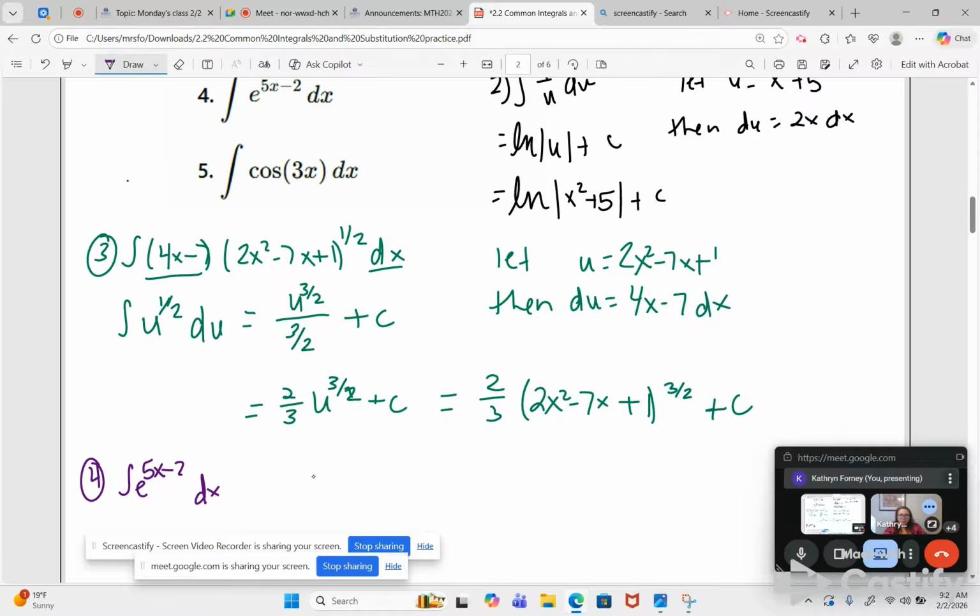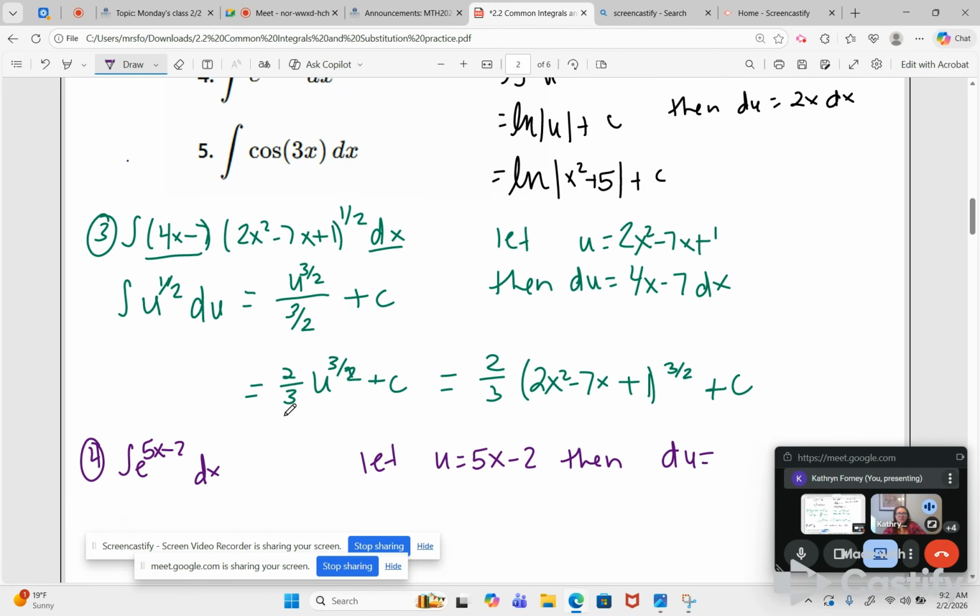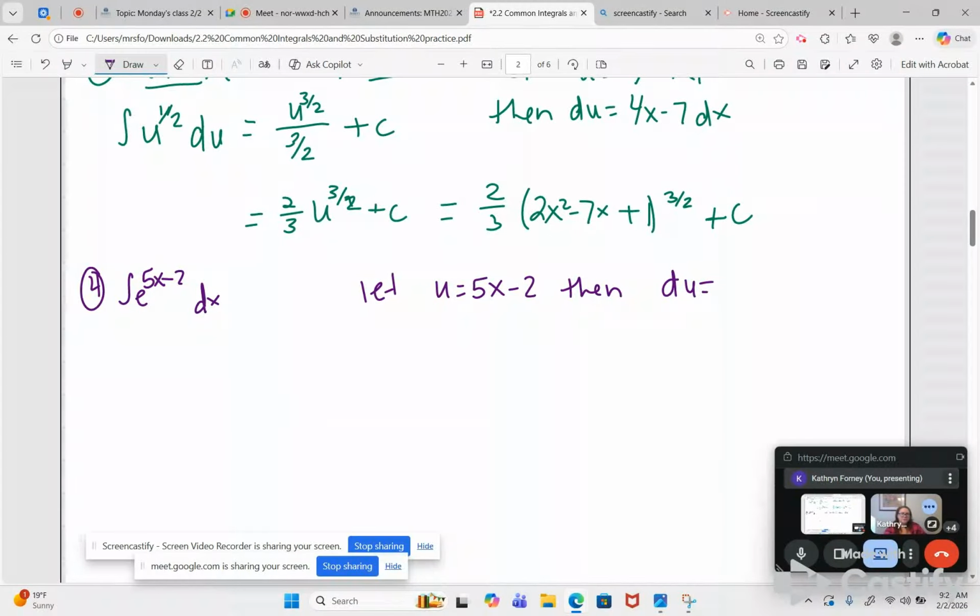Now, when we look at this, we let u equal 5x minus 2. So then the derivative of u, the derivative of 5x minus 2, is just 5. Now, there is no 5 in this problem.